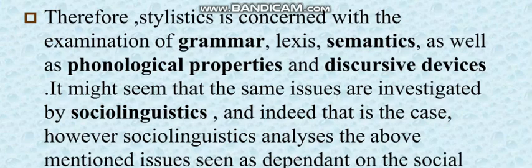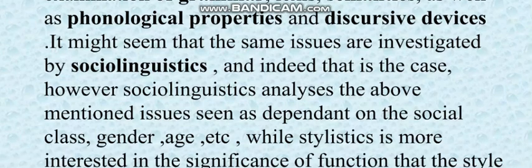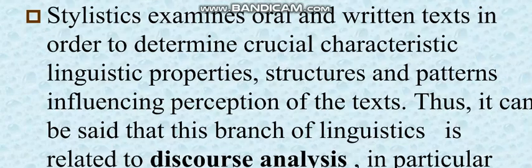Therefore, stylistics is concerned with the examination of grammar, lexical, semantic, as well as phonological properties as discursive devices, and it might seem that the same issues are investigated by sociolinguistics, and indeed that is the case. However, sociolinguistics analyzes the above mentioned issues as dependent on society, social class, gender, age, etc., while stylistics is more interested in the significance of the function that the style fulfills.